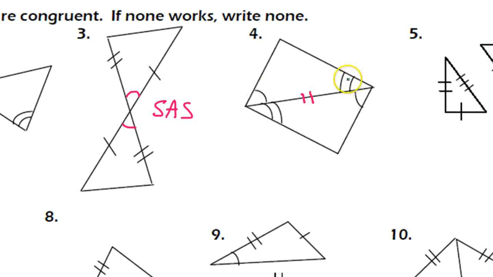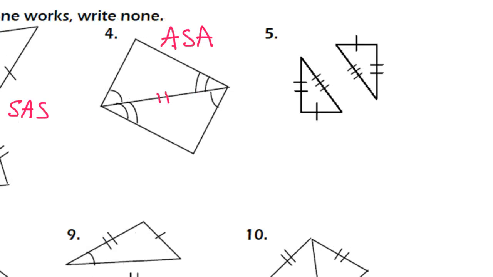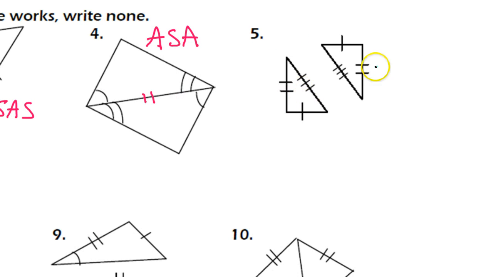Then looking at the other markings, I have an angle, a side, and an angle. Angle, side, angle, because it's two angles and the side in between them. Looking at number 5, all three sides are congruent to all three sides. So that's the side, side, side postulate.